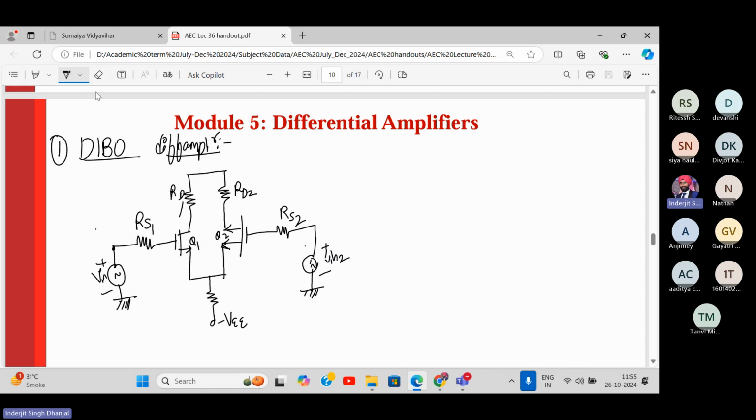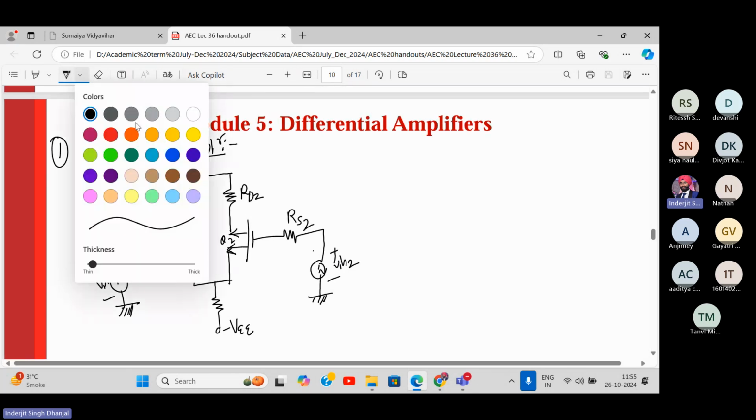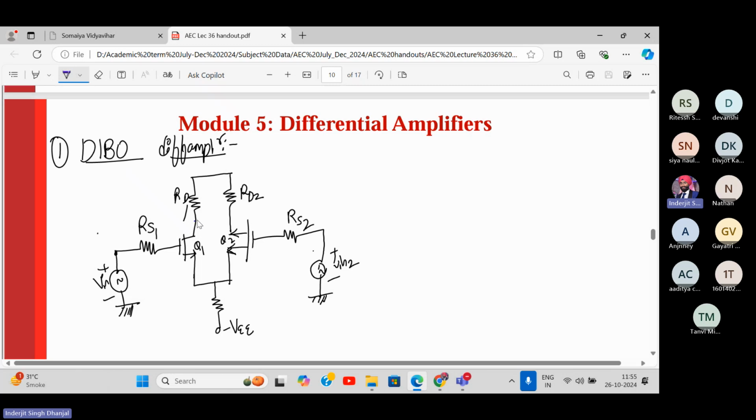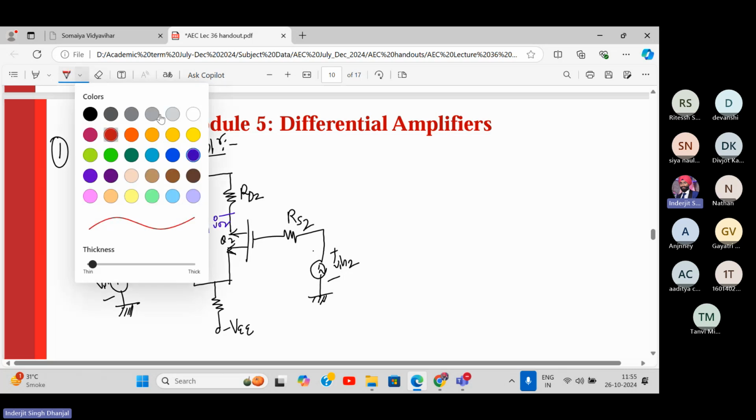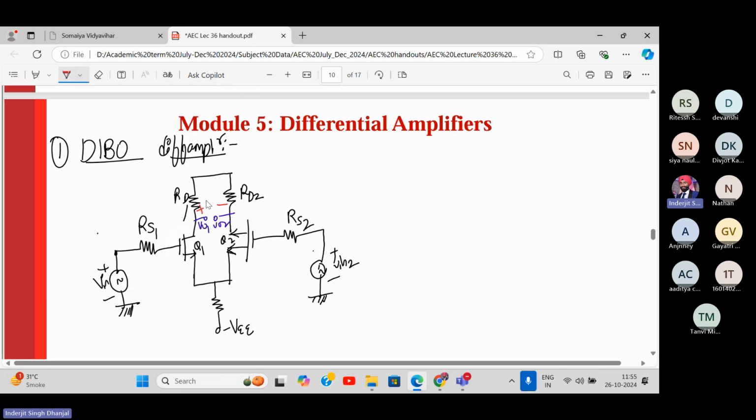What do you mean by dual input balanced output? Let me show it to you. Here balanced output means this is Vout1, let's say VO1, and this is VO2. Balanced output means in between them we take the output, plus minus Vout. Let's say VO1 is positive, then it will be VO1 minus VO2.